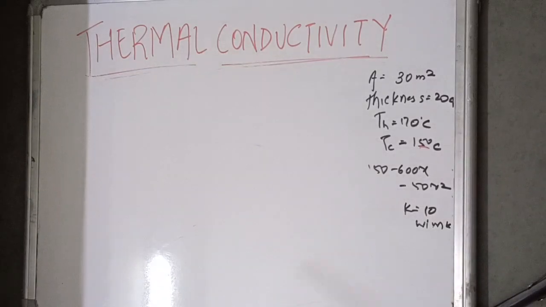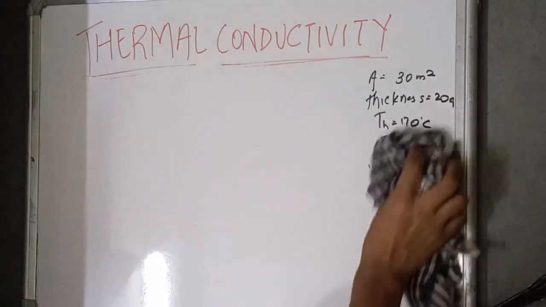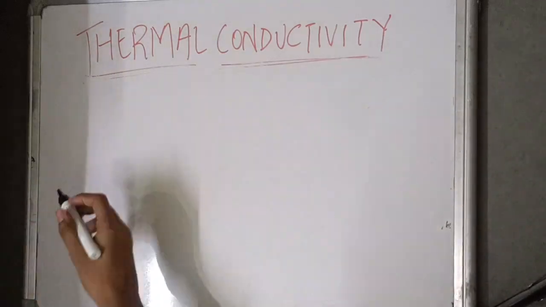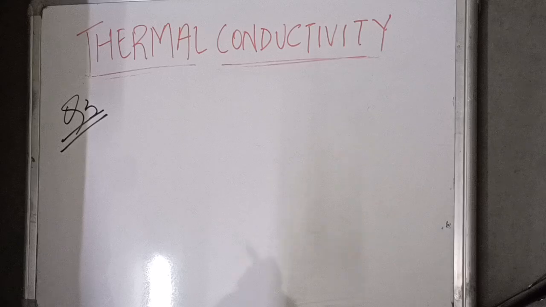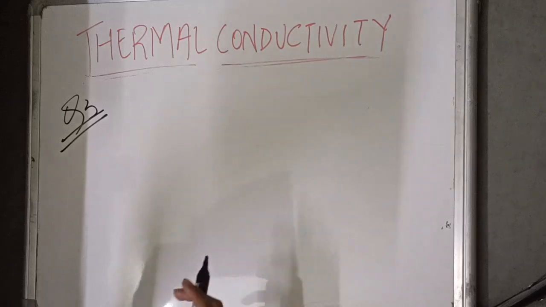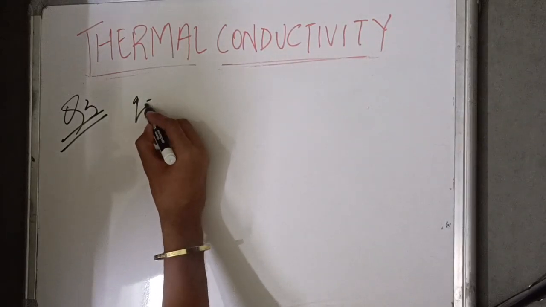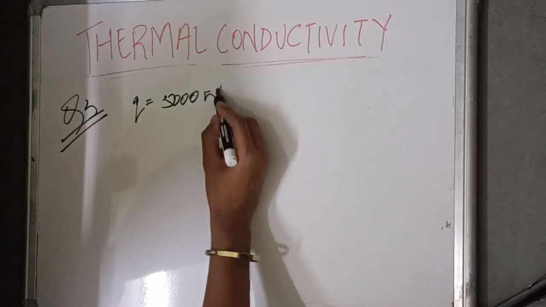Now we will do the third question on the topic of thermal conductivity. One side of a copper slab receives a net heat input at a rate of 5000 watt due to radiation.